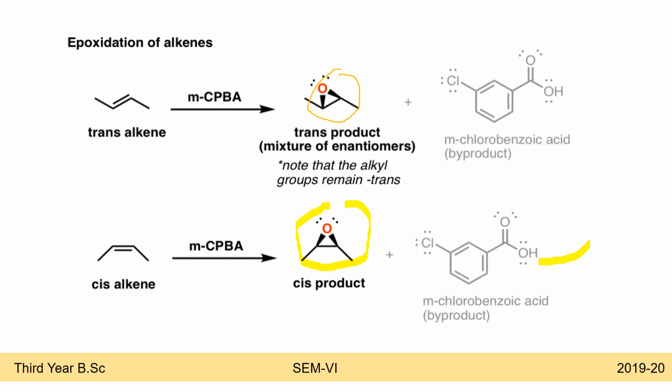When we consider a cis alkene, it always gives a cis product. So for the cis product, depending upon these two alkyl groups, the cis product may be meso or not meso. If these two groups are identical, the molecule becomes symmetrical, so it is a cis meso compound, and it is optically inactive.